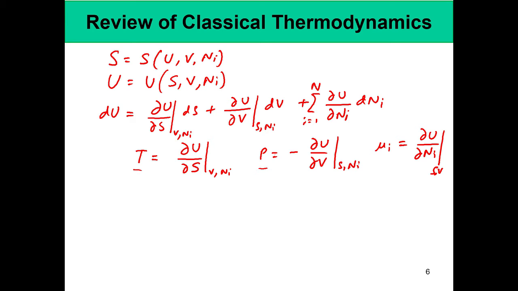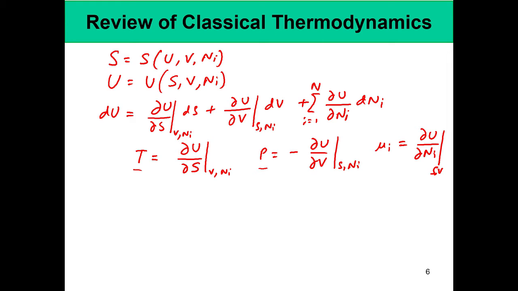So, temperature determines thermal equilibrium, pressure determines mechanical equilibrium, and chemical potential mu determines whether matter will flow from one system to the other when they are separated by a permeable wall. So, this corresponds to our known definitions of temperature, pressure and chemical potential.